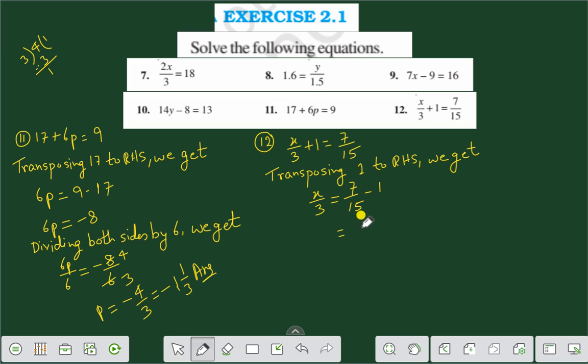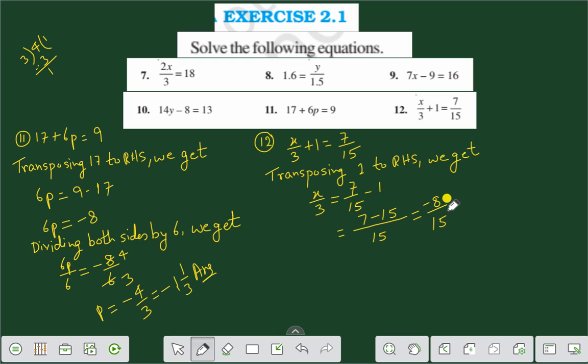What are you getting? LCM is 15, that is 7 minus 15 is equal to minus 8 by 15.